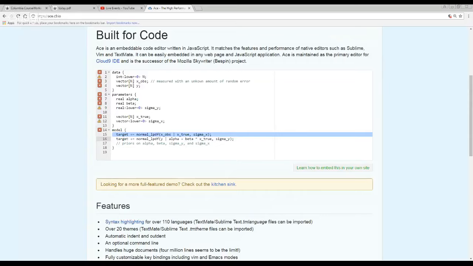Then on the next slide, we have what you might call the true likelihood of y. So y has a normal likelihood as well. The conditional mean of y is the intercept plus the coefficient multiplied by x_true rather than x_obs.